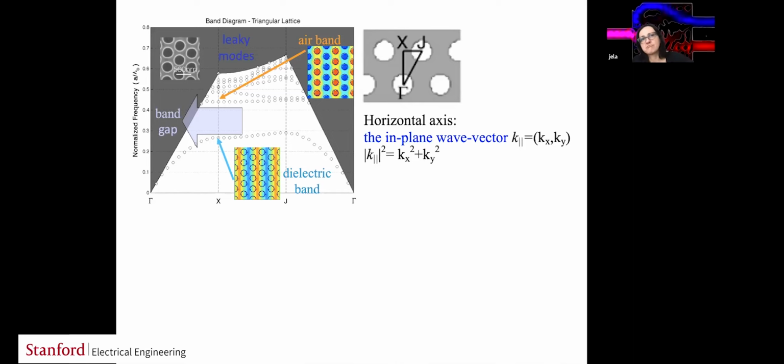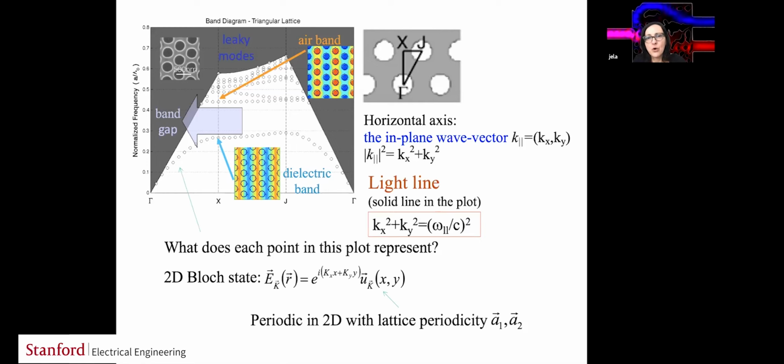Of course, a wave can also have kz, but here I'm plotting only the two-dimensional k vector. So on the light line, I'm plotting the dispersion diagram for a free space photon that only has kx and ky.